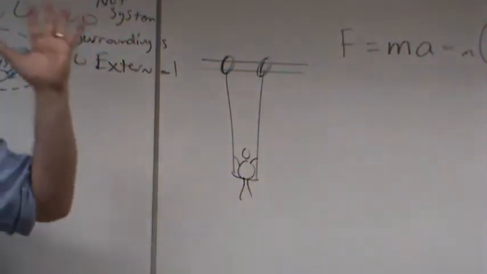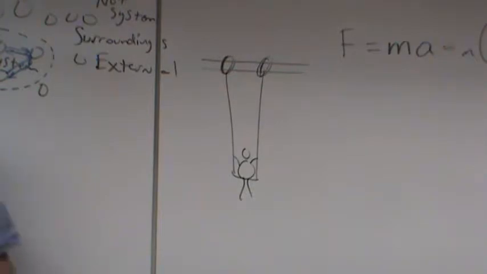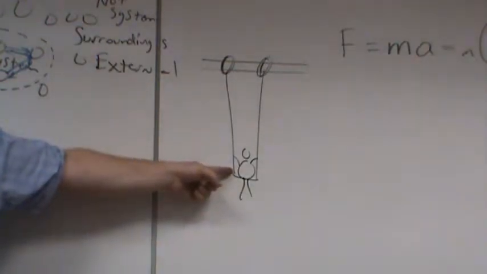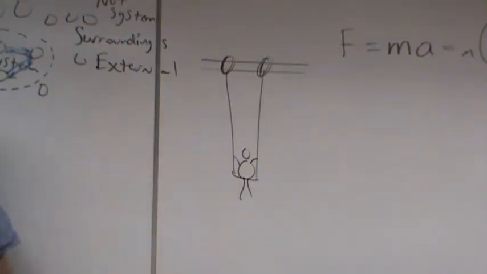What is the swinger doing? I guess that was confusing. What is the swinger doing? Sitting. And what else is the swinger doing? Swinging. Good, which means, okay, so what forces is the swinger exerting? Where is the swinger exerting force in this scenario? What part of the swinger's body is exerting force on what thing?